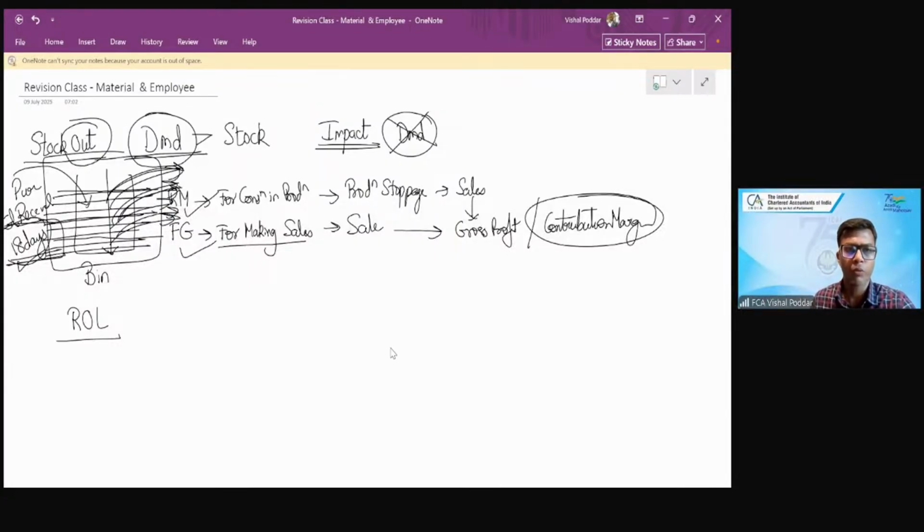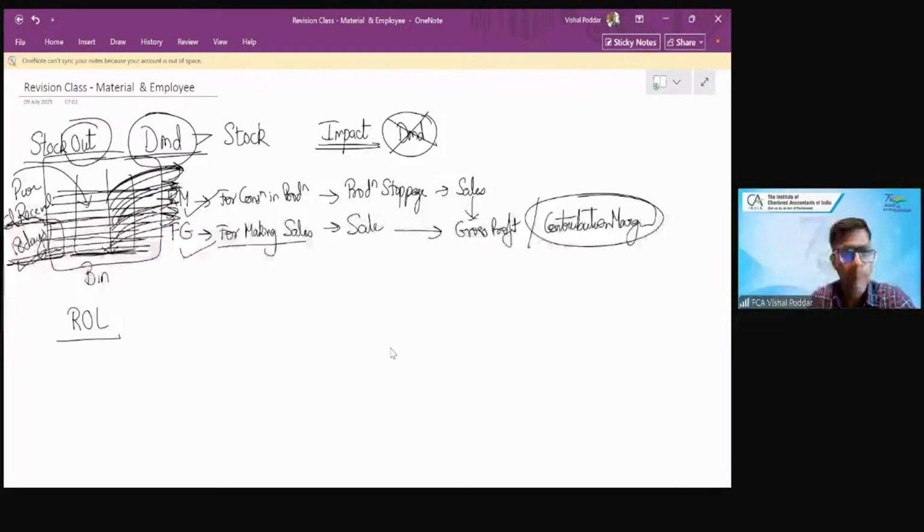Because of continuous outflow, your stock will definitely get depleted and one day it will become zero. And if by that time fresh stock has not come, you will be out of stock and you'll be losing profit. To avoid this, we have the concept of stock levels.